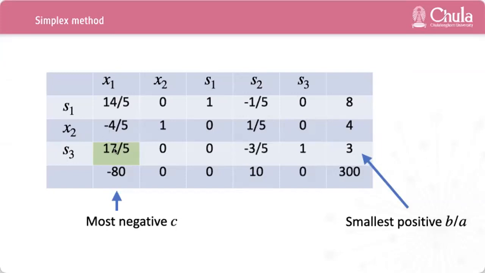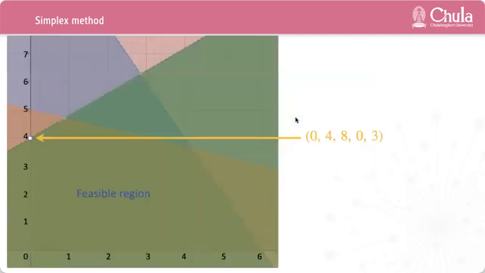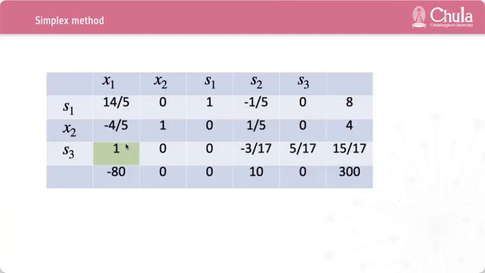So this element must be 1. So we divide this line by 17/5, and then we obtain this table. Okay.